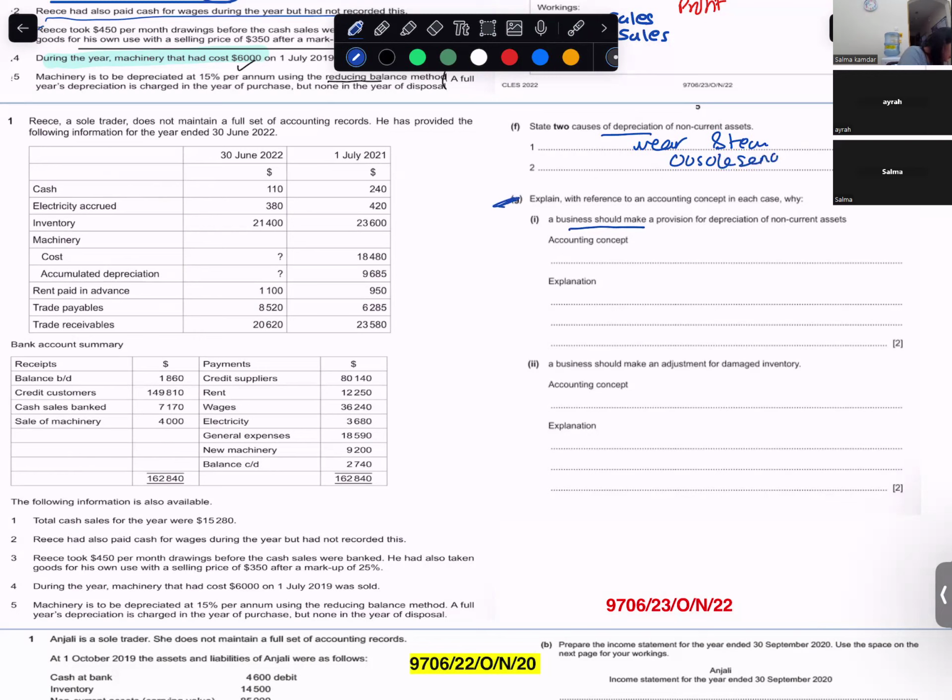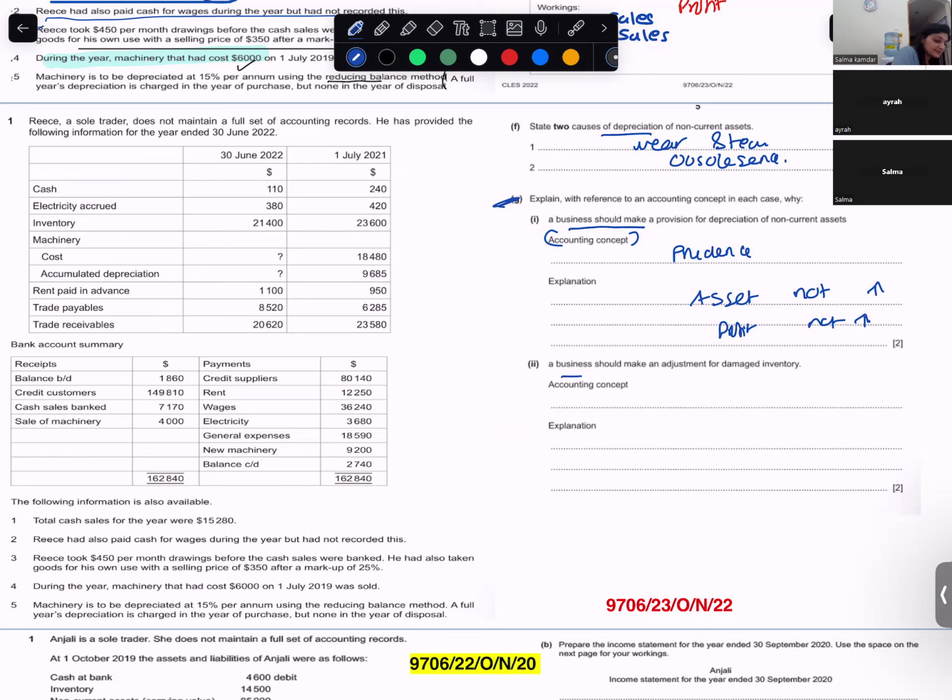Explain with reference to an accounting concept in each case why a business should make a provision for depreciation of non-current asset. Here the concept can be prudence, because it states that assets should not be overstated and even profits should not be overstated.